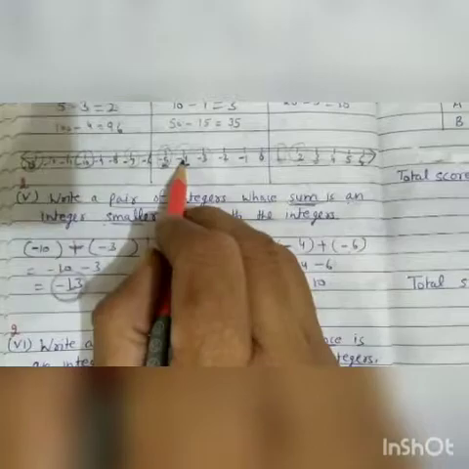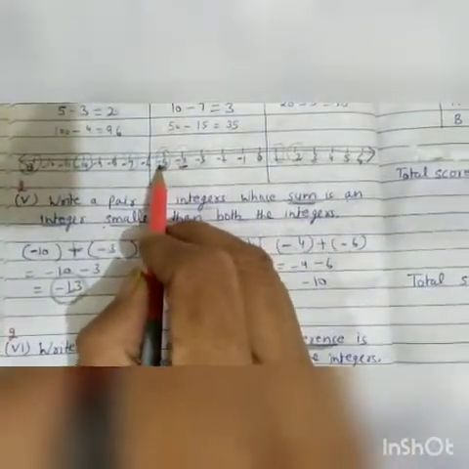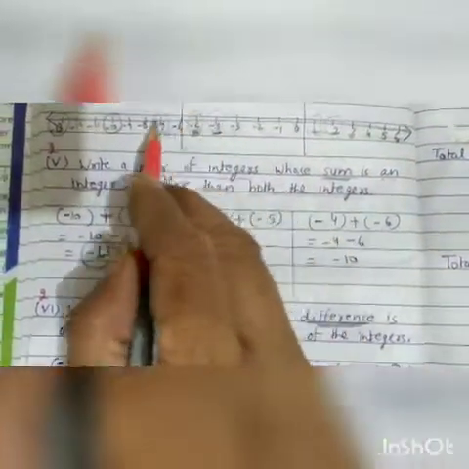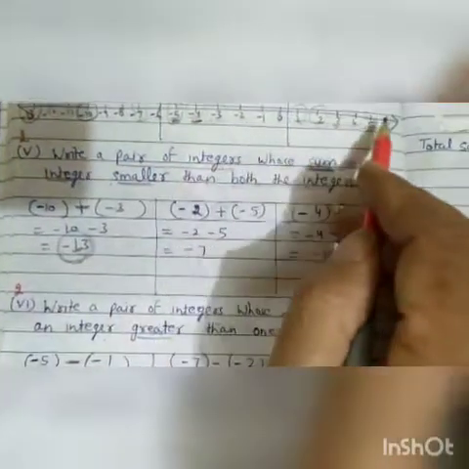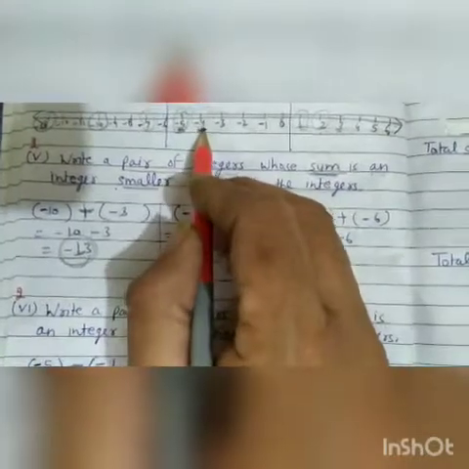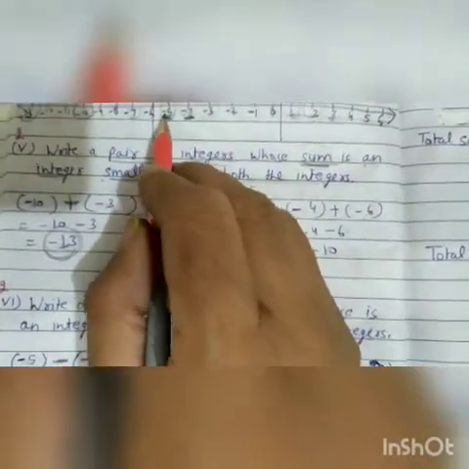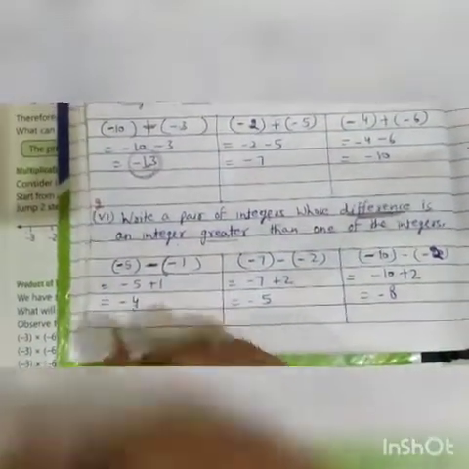So minus 4 is right side of minus 5. So minus 4 is greater. I told you just now, as we move left side, number becomes smaller, and as we move right side, number becomes greater. Here minus 4 is to the right side of minus 5, so minus 4 is greater than minus 5. So we have fulfilled the condition.